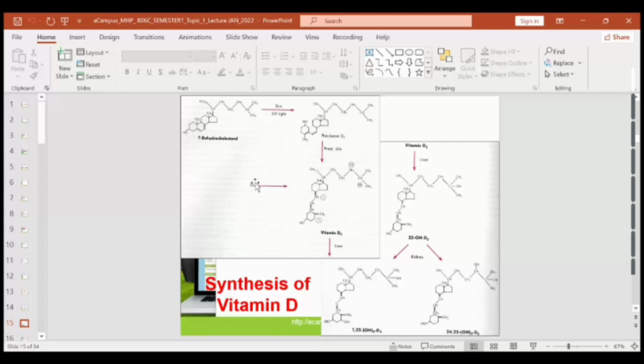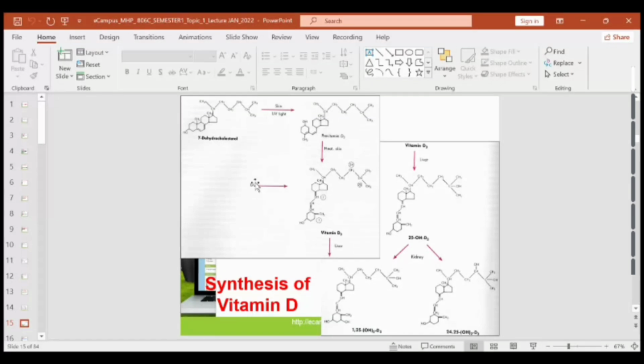Once that cholesterol is subjected to UV light, the UV light will transform it into provitamin D3. And the provitamin D3 will be taken to the liver, and hydroxylation will happen, and one hydroxyl will be added, and it becomes vitamin D3.